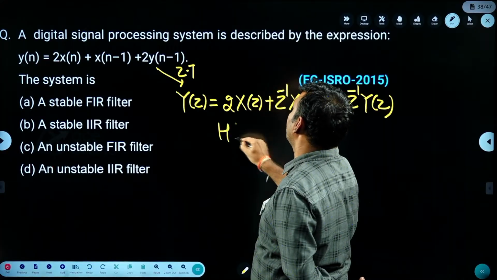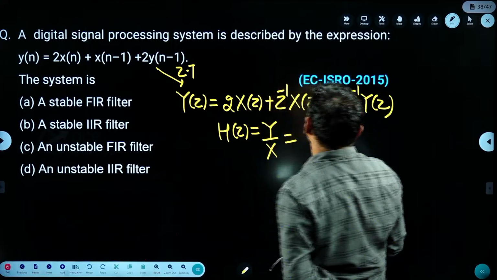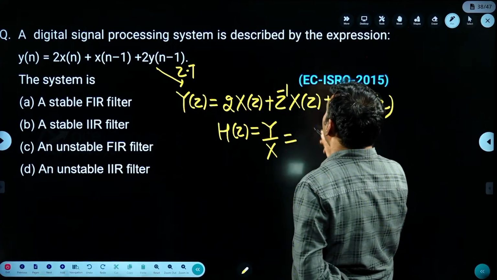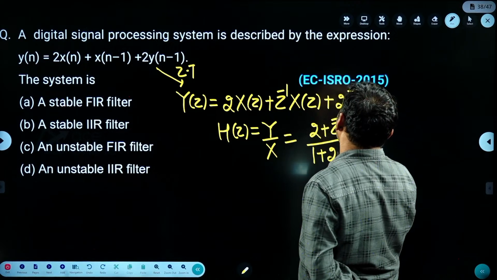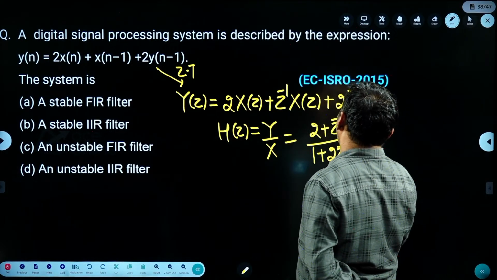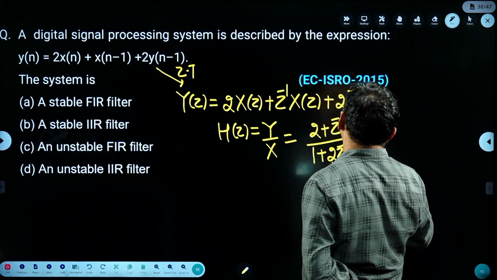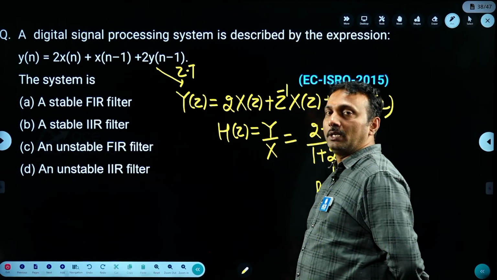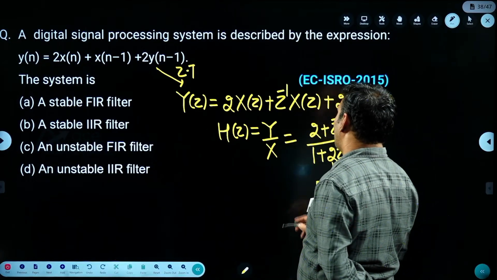So what is the transfer function Y(z)/X(z)? It is (2 + z^-1)/(1 - 2 z^-1). Of course it is a causal system, but it has a pole at z = 2. For causality and stability we want the pole inside, but the pole is outside, so it is unstable.